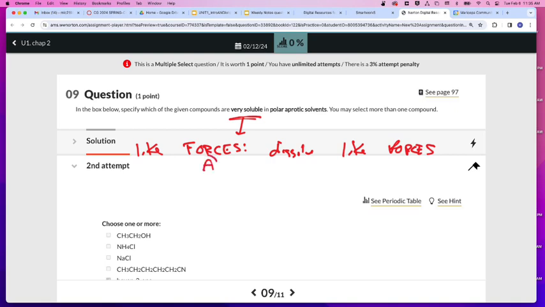So we're looking at forces from compound A, and we're looking for forces from compound B. If we say all of our answer choices are possible A's, what is B? Non-soluble is saying that I take these two things and they don't mix.